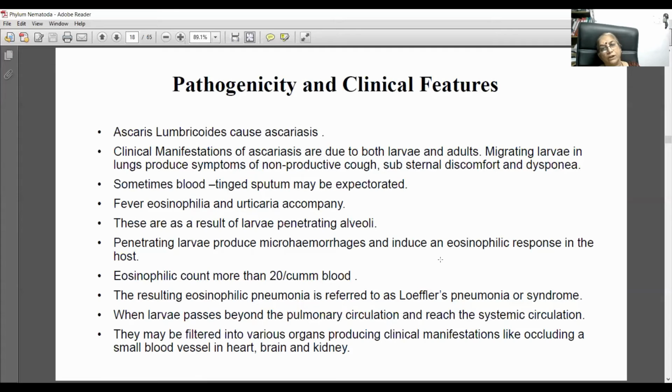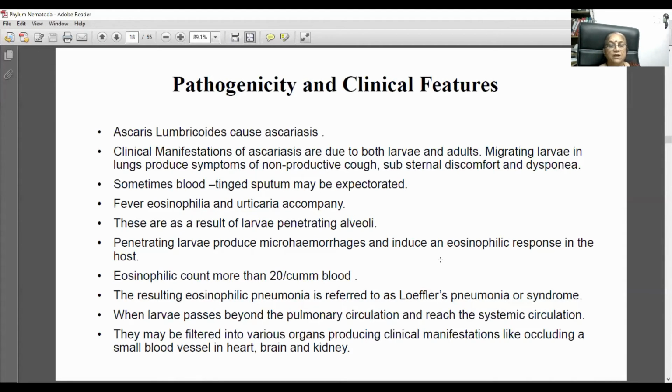Therefore, the eosinophil count can go above 20 per cubic millimeter in the blood. The resulting eosinophilic pneumonia is referred to as Loeffler's pneumonia or syndrome.